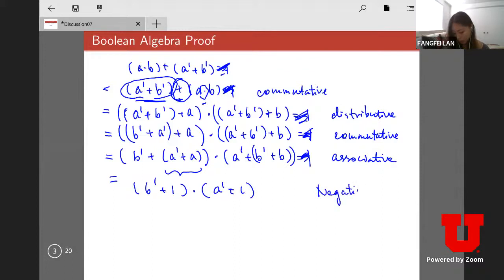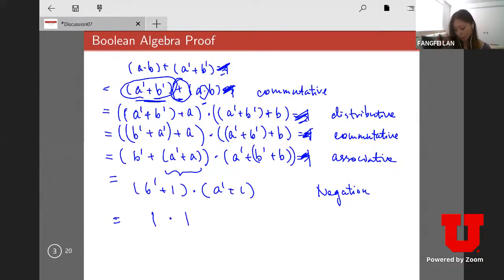So what do we do now? What is A complement plus 1? Something union the universal set. What is that? That would just be 1, right? Intersect with 1, so 1 times 1.